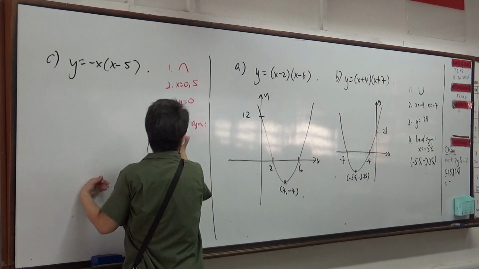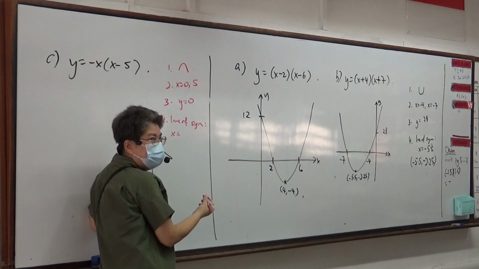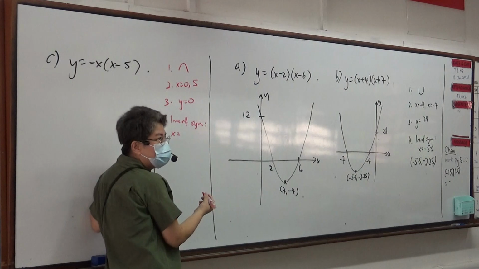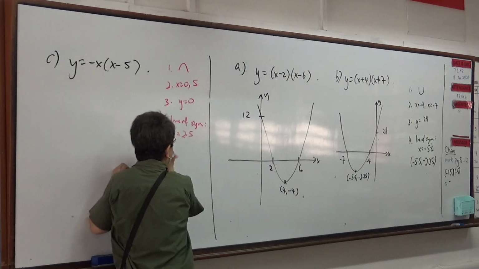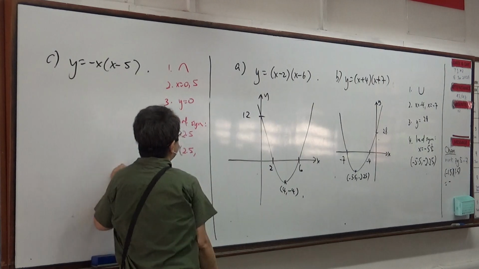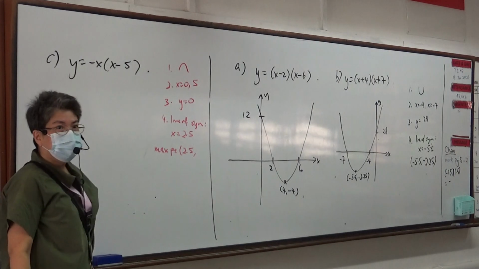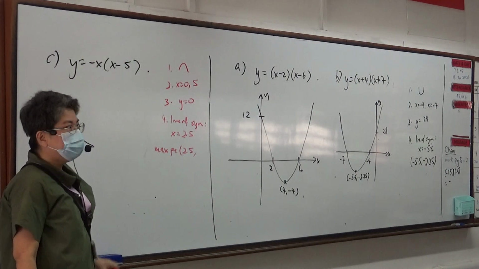What about the line of symmetry? x equals what? 5 over 2, right? Which is what? 2.5. So, the maximum point will be 2.5 and what? 0. Everything 0.